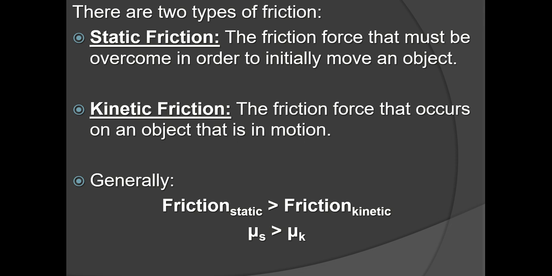If you're talking about the same object, the mass doesn't change, the Fn doesn't change. The only thing that's going to change is your mu value. So your mu for static friction is going to be bigger than your mu for kinetic friction. So pay attention to what kind of mu coefficients you're given. Are you given the static mu value or are you given the kinetic mu value?